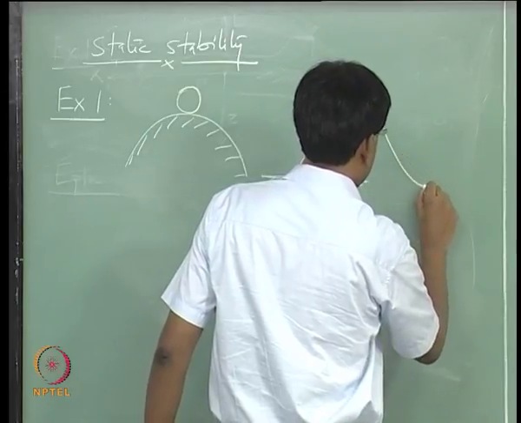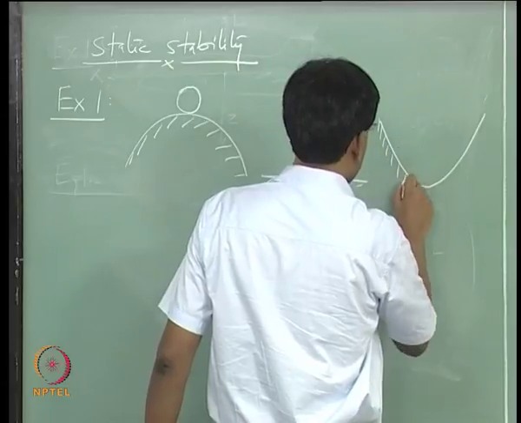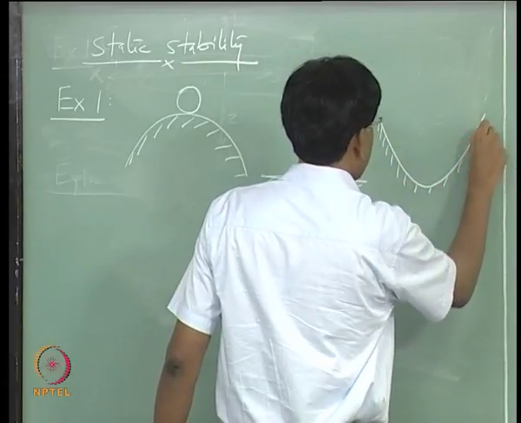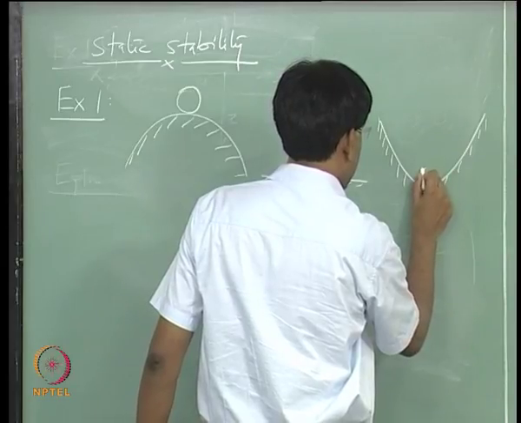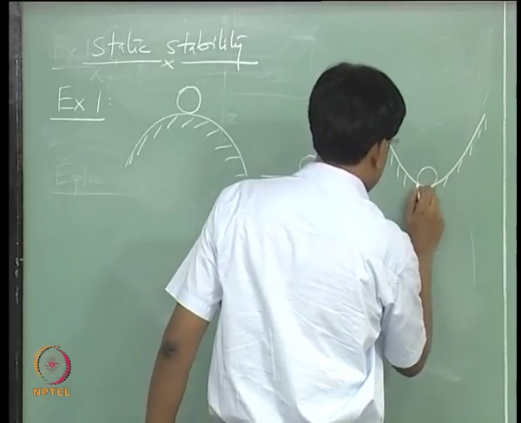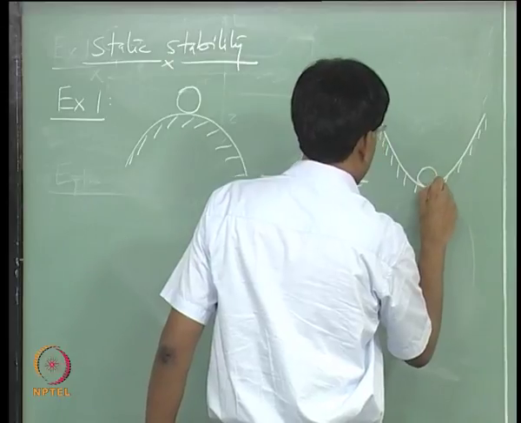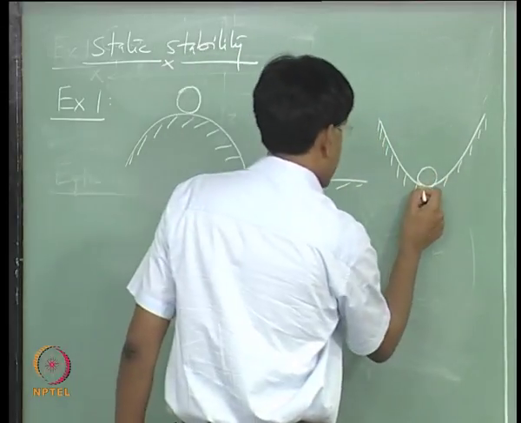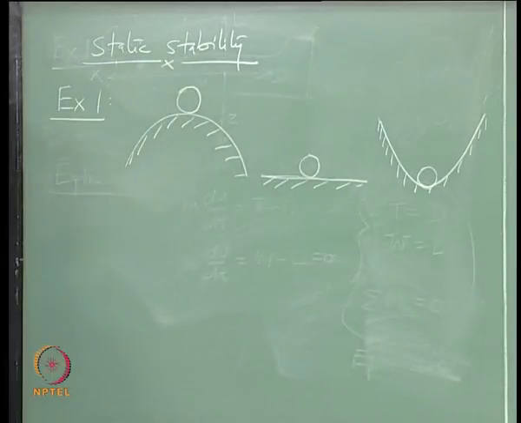We can also have this kind of curved surface which is like a well, and a ball is sitting at the bottom of this. Now, let us look at what happens. So, these three positions are equilibrium positions.